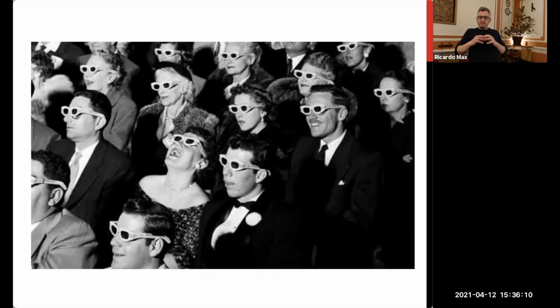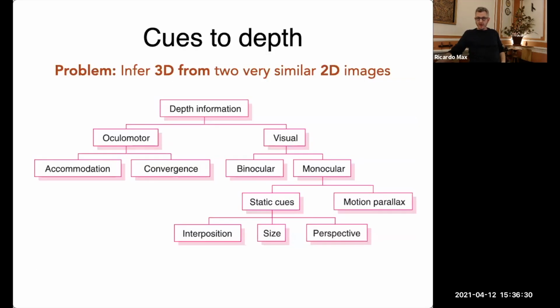But beyond this sensation of 3D that we have, for instance, when we watch 3D movies, this sensation is not necessary for us to perceive depth and to walk around without bumping into things.